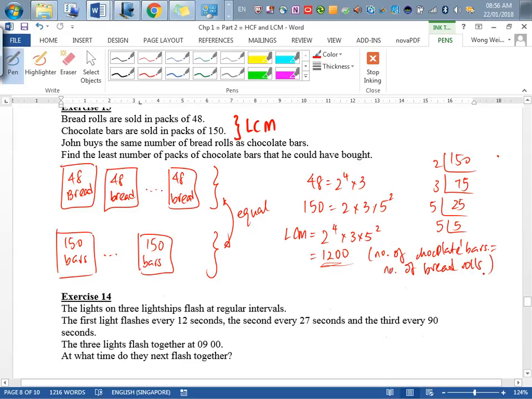So, have I answered the question already? No? What am I missing? Yes, these are the number of chocolates and the bread rolls, but the question wanted the number of packs. So, number of packs.